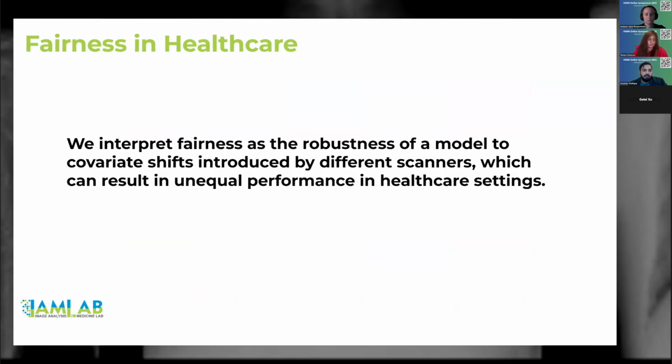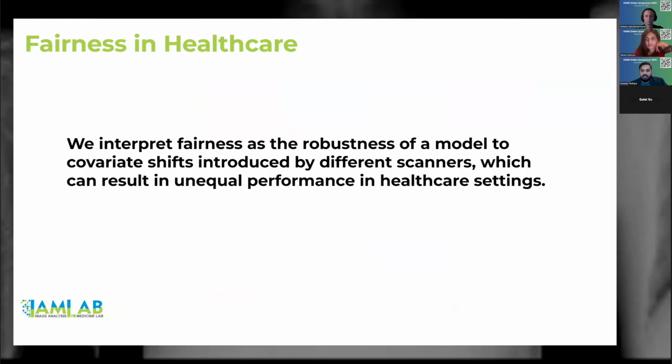Let's define fairness in healthcare. Usually, fairness in healthcare in terms of AI analysis refers to the principle that a particular algorithm and model provide equitable performance across different patient groups without any bias such as race, sex, age, ethnicity, or socioeconomic status.